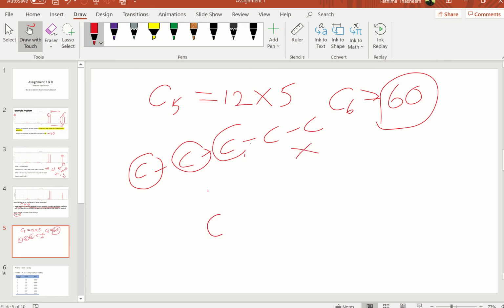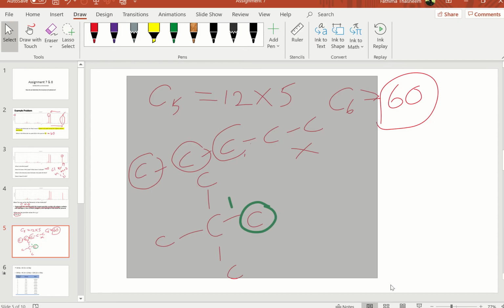Someone can draw something like this, but still the terminal carbons don't satisfy the bonding patterns, right? They only have 1 bond. So this C5 is not a probable structure. That's how you would eliminate that formula.